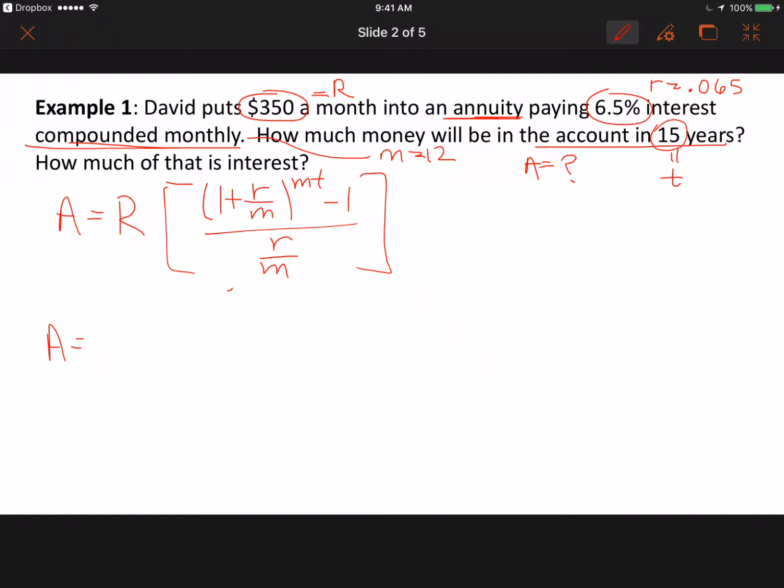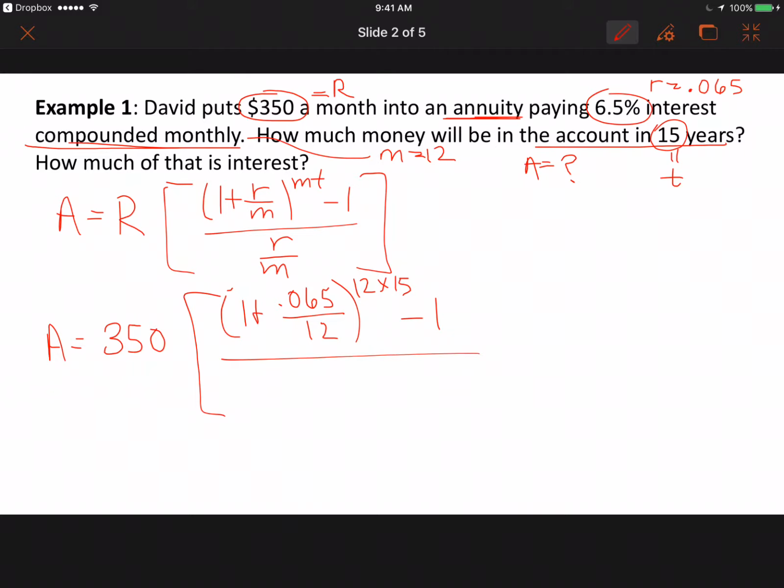All right, so let's plug it all in. A equals 350 times 1 plus 0.065 over 12 to the 12 times 15 minus 1 divided by 0.065 over 12.